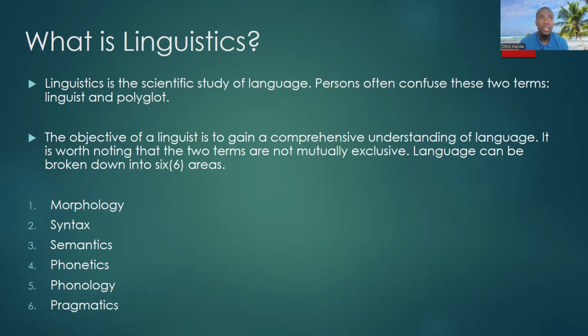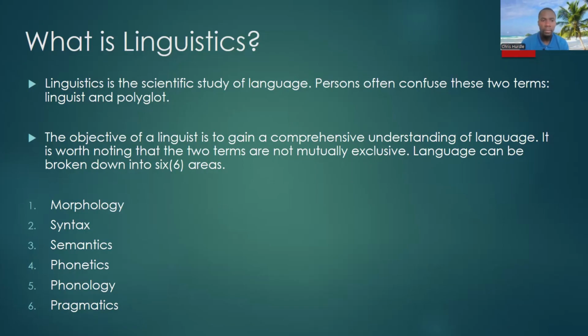If you have studied any language, right, you would have studied some aspect of the 6 areas that we are going to look at. It is just that you may not have been exposed to the jargon, to these technical terms, but I assure you that if you have studied language at any level, you would have looked at various aspects of these areas. Okay?